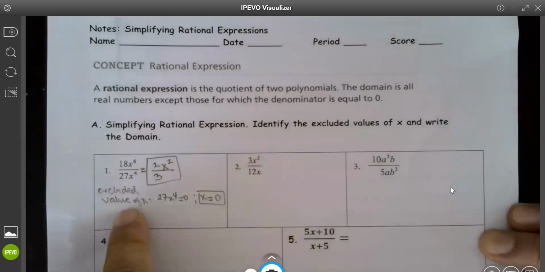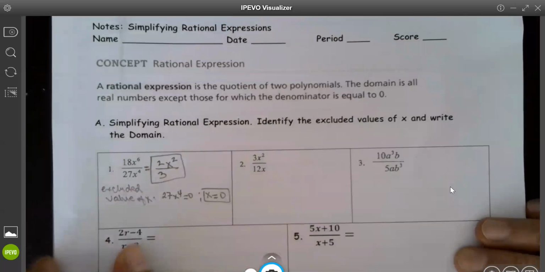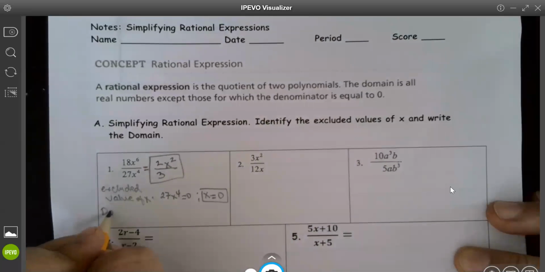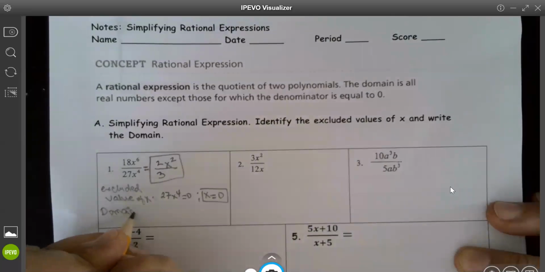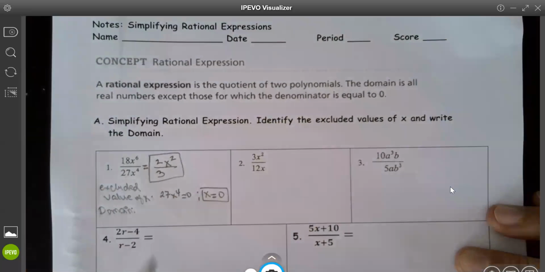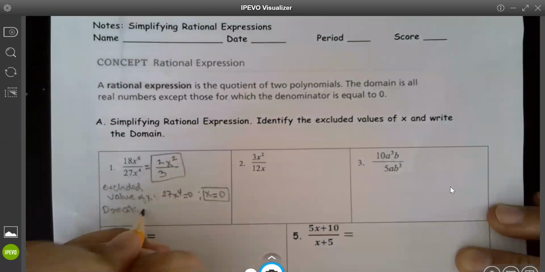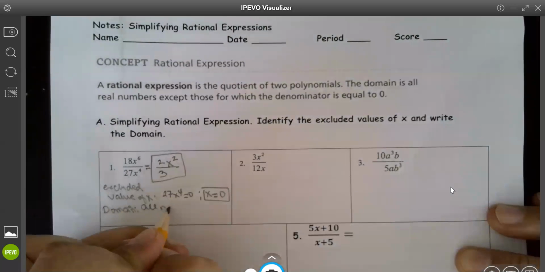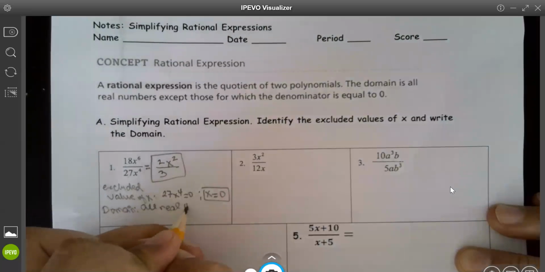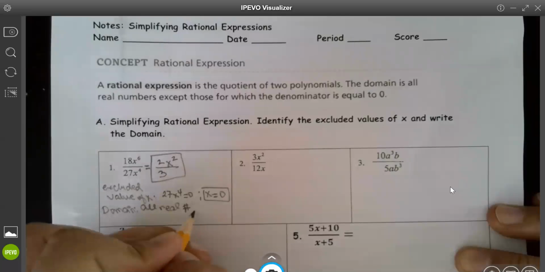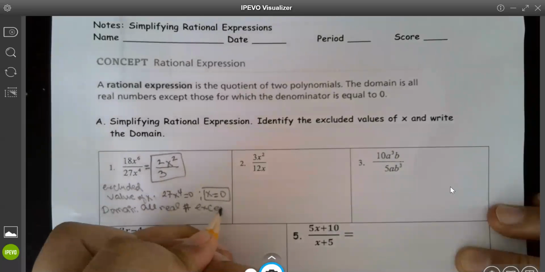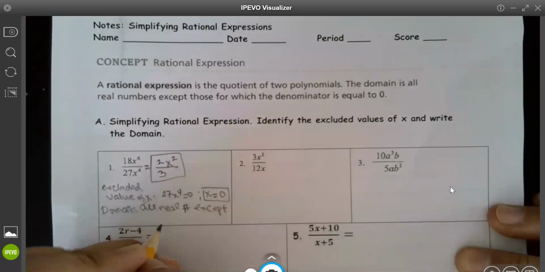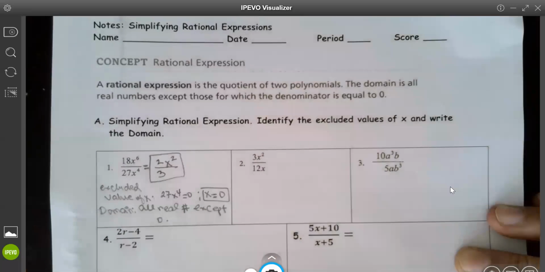Okay, so the excluded value is x is equal to 0. And so if we're going to write the domain, the domain will be all real numbers except the excluded value, except 0.